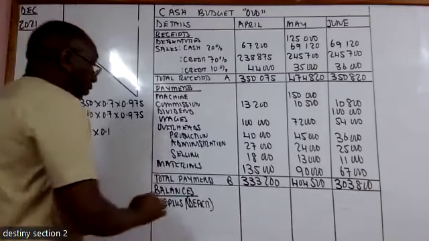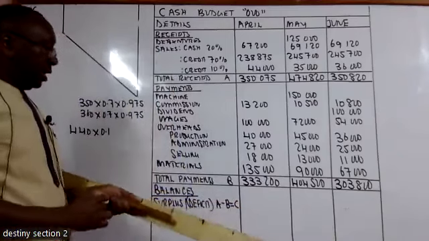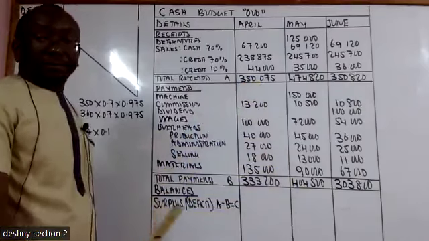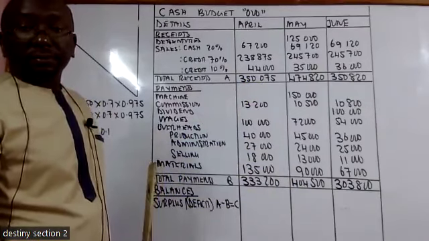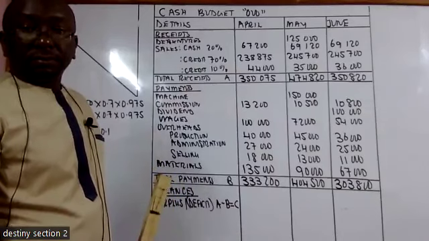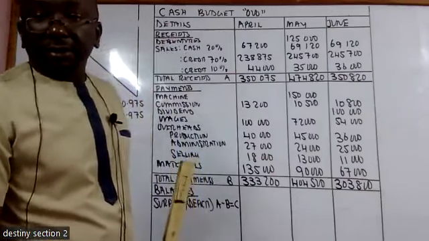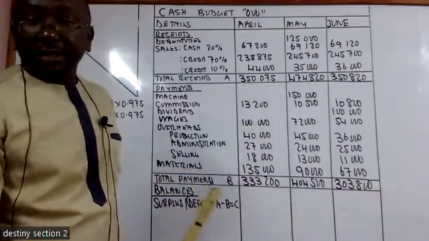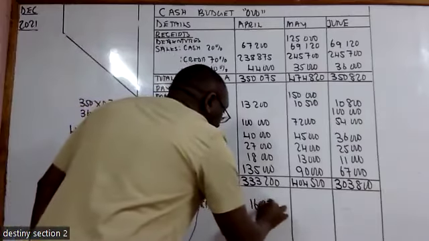And this one is always A minus B. You call it C. A minus B, you call it C. So 350,075 minus 333,200 gives 16,875. Let's go to the next one. This 474,820 minus 404,500 is 70,320. And then the other one, 47,020.